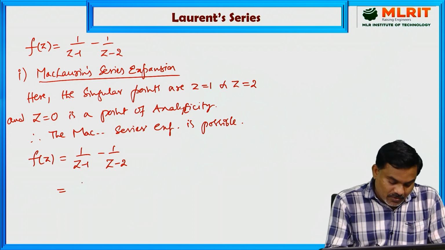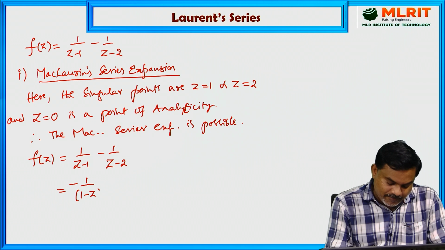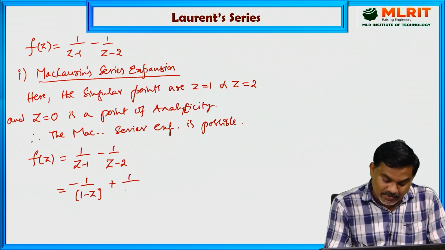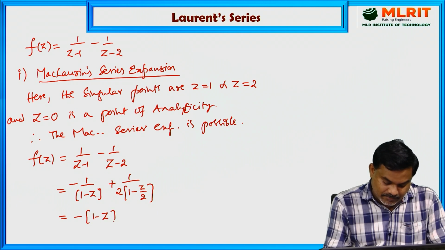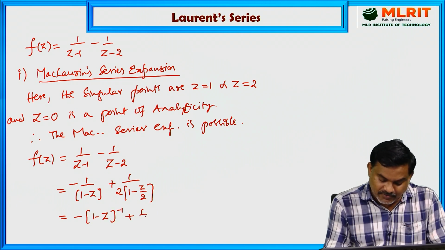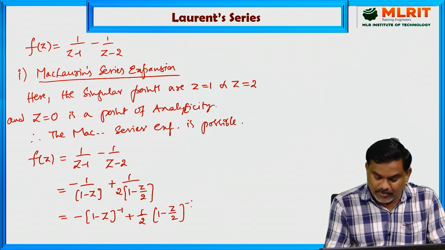So let us take minus common here. This becomes 1 minus z, minus, here also minus common, so plus 1 by, I am taking 2 common, then 1 minus z by 2. So this can be written as minus 1 minus z power minus 1 plus 1 by 2 into 1 minus z by 2 whole power minus 1.